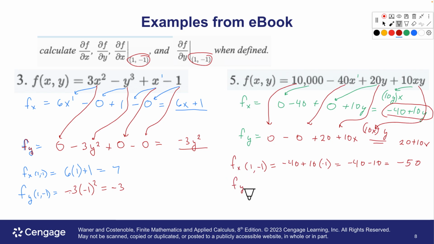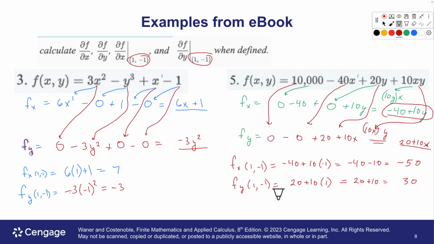Take the derivative with respect to y. We're going to plug in 1, negative 1. So that's this one here. So we're going to get 20 plus 10 times 1. We're plugging in for x, right? Not y. And so we get 20 plus 10 equals 30.